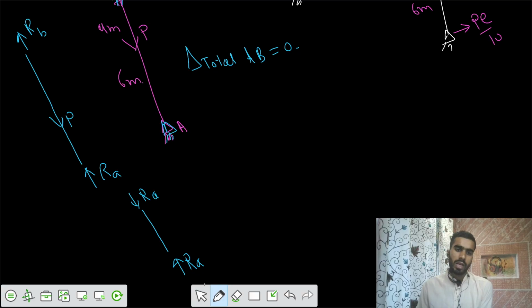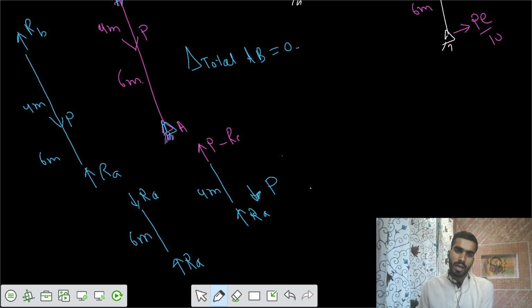Here it should be downwards. And for the second case, this was your 6 meter and this was your 4 meter. I would say for the 4 meter length, you have this RA upwards, and there is one more load, P downwards, and there should be a net value. Let's say that net value is P minus RA, upwards, based on this direction.